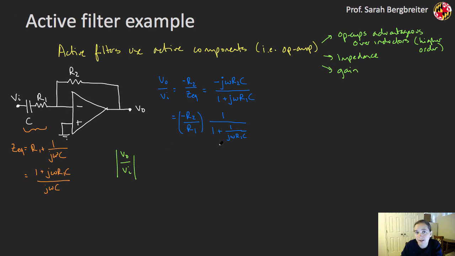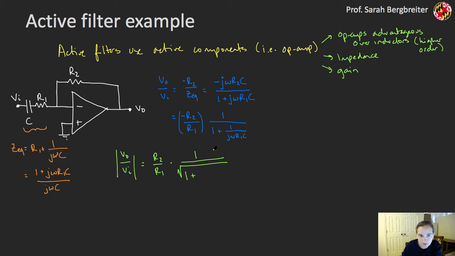So I have a complex term here. This is going to equal R2 over R1, once again my gain, and it is an inverting gain here, times the magnitude of 1, just 1 here. And then in my denominator, I'm going to have the magnitude of this term right here in the denominator. I'm going to have my real part squared plus my imaginary part squared.